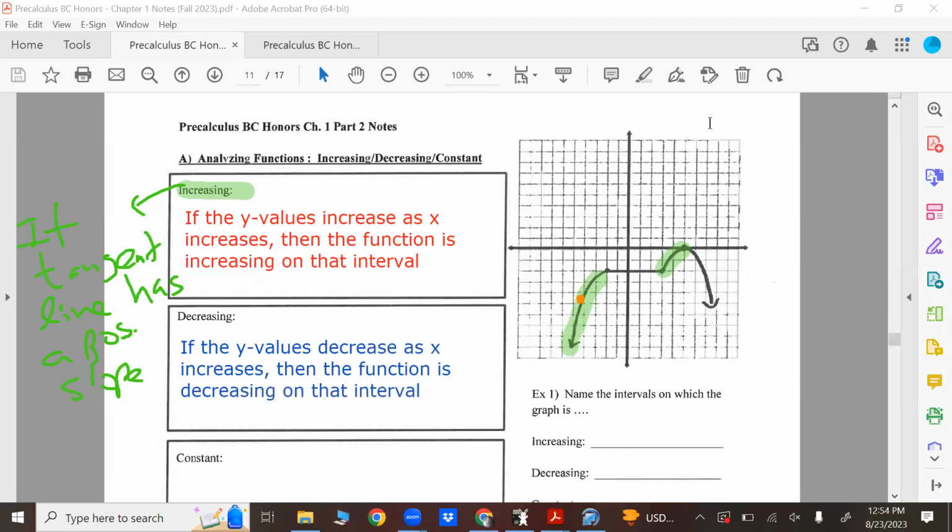So in this case, let me get a highlighter out again. This is where it's decreasing. Now your tangent line will have a negative slope. So if I drew a tangent line right here, what's the slope of that blue line? Negative. So that's another way to think about it. So the function is decreasing on an interval.